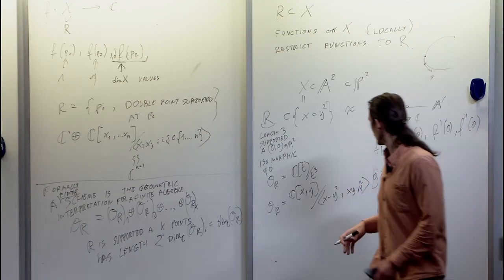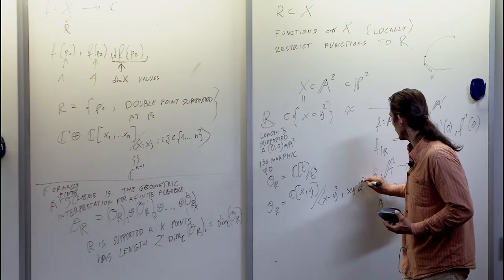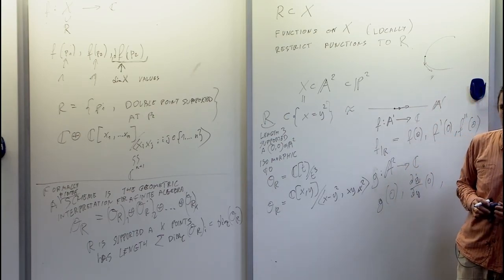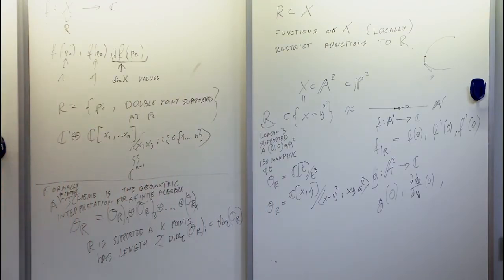Suppose some of them are only x, y. Some of them are probably not necessary. XY is needed. Yeah, but if you homogenize, then you also need the other ones. Okay.